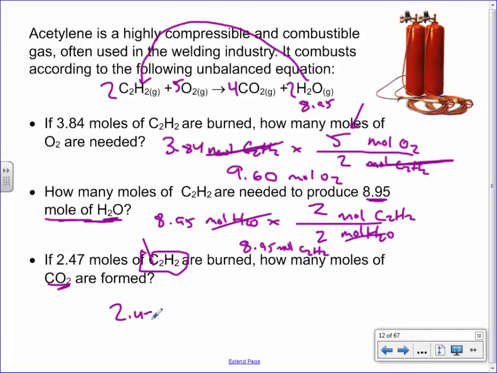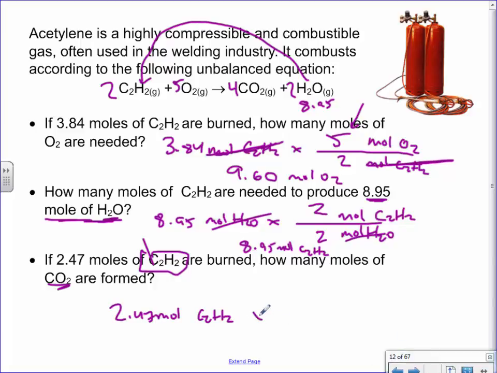So 2.47 moles of C2H2 is how much I've burned. Let's get rid of the moles of C2H2 and figure out the moles of carbon dioxide. The relationship is 4 carbon dioxides come from every 2 acetylenes. That's not good. For every amount of this I use, I make twice as much carbon dioxide.